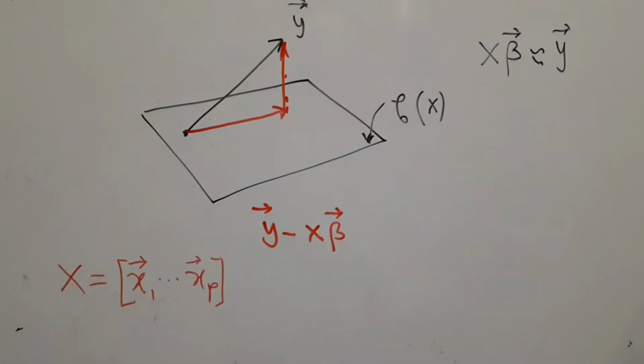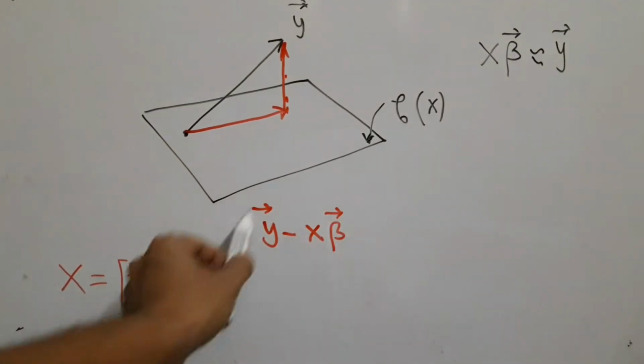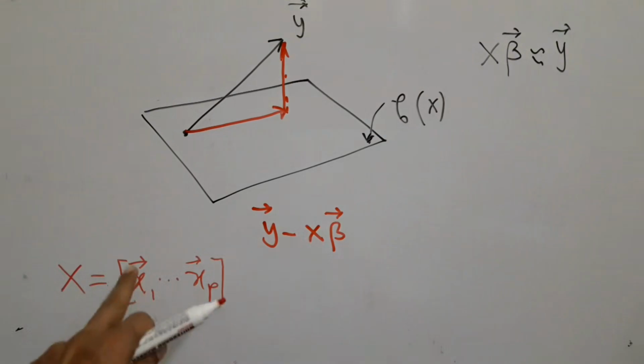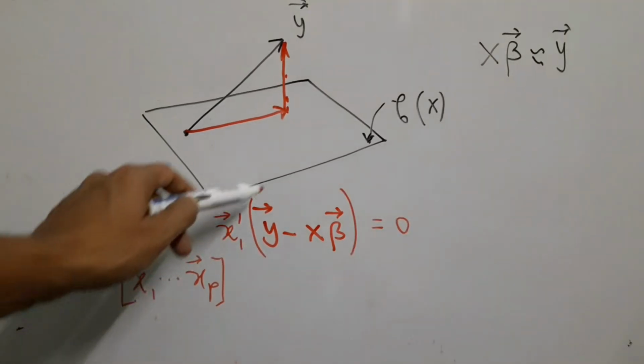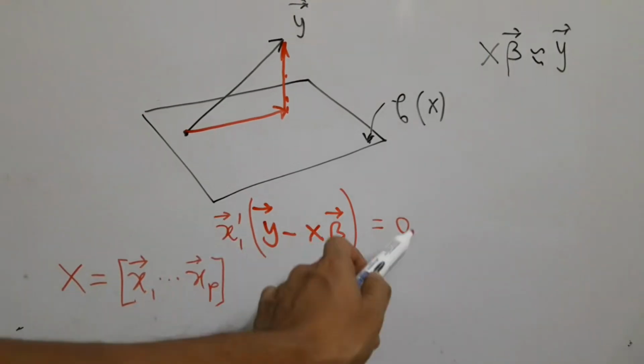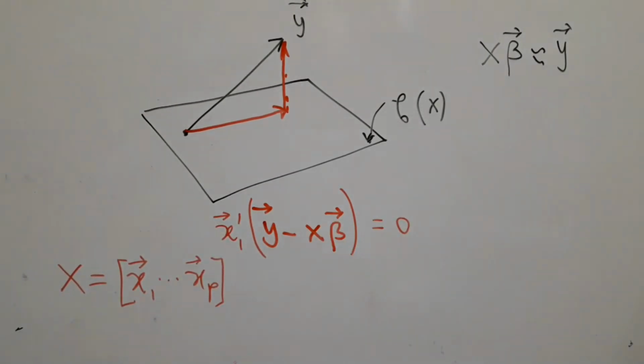Now suppose that the columns of X are x1 to xp. So when I say that this vector is orthogonal to x1 in terms of Euclidean inner product, I actually mean x1 transpose times this vector is equal to 0. That is the definition of Euclidean inner product.